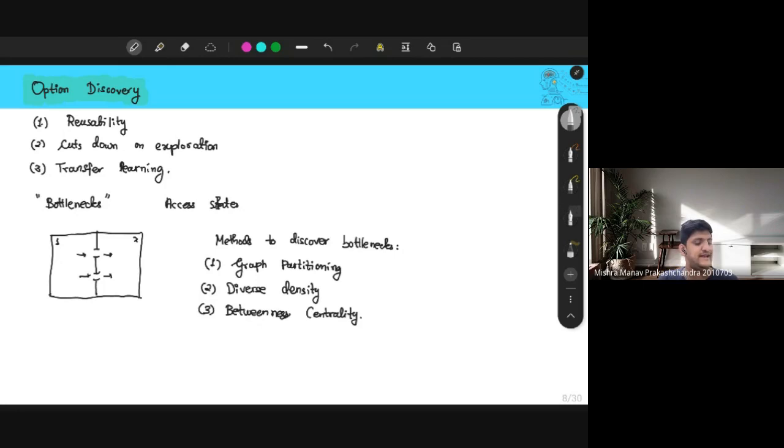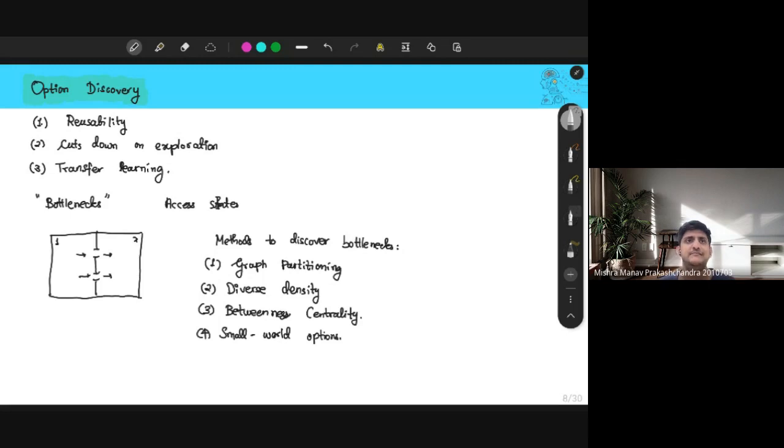And lastly, you have something known as small world options. You break down the big world you have into small worlds, and based on the small worlds, you define some option which takes you from one particular world to the other, and this could be an indicator of a good bottleneck.